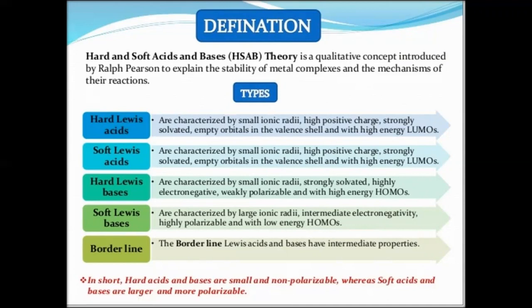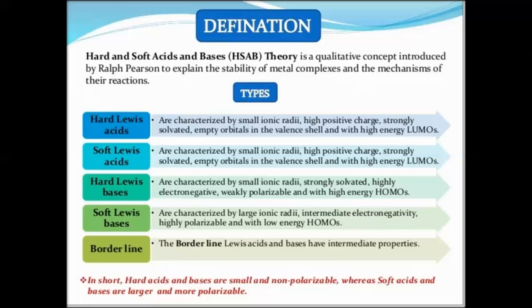In 1960, Pearson developed type A and type B and classified Lewis acids and Lewis bases as hard, borderline, or soft.